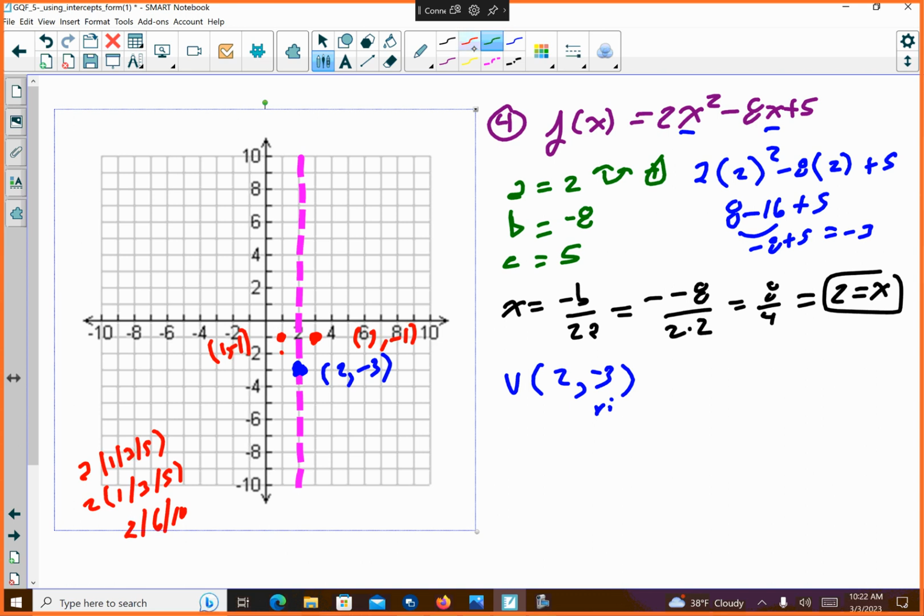Then, excuse me, I'm going to go right 1, up 6. That takes me to 4, 5. Then I'm going to go left 1 and up 6. That takes me to 0, 5. 0, 5 is our what? Giddy up, y-intercept. Let's make our parabola. There it is. Yeehaw.